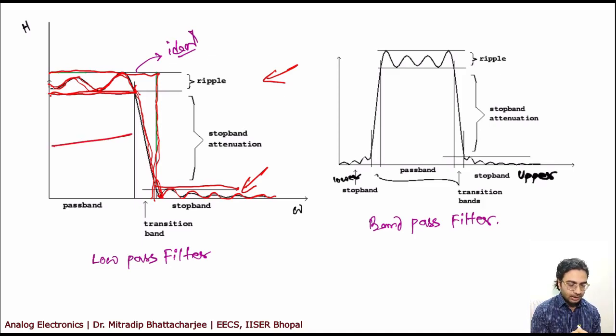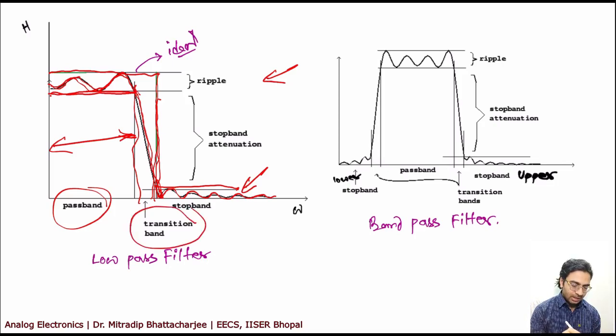This particular area is known as the pass band. Where the transition is happening is known as the transition band, and when it is blocking the signal we call it the stop band.